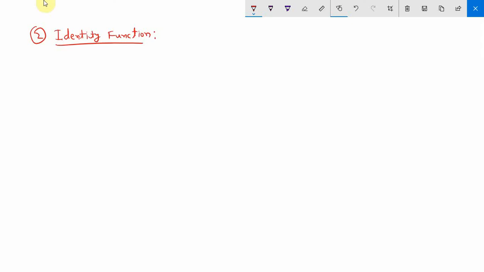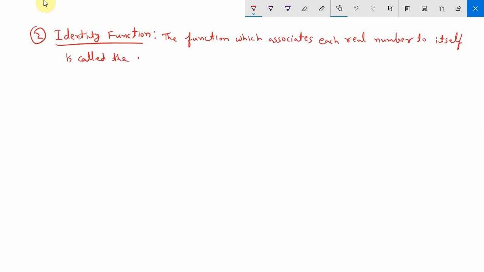So we may write the function which associates each real number to itself is called the identity function.